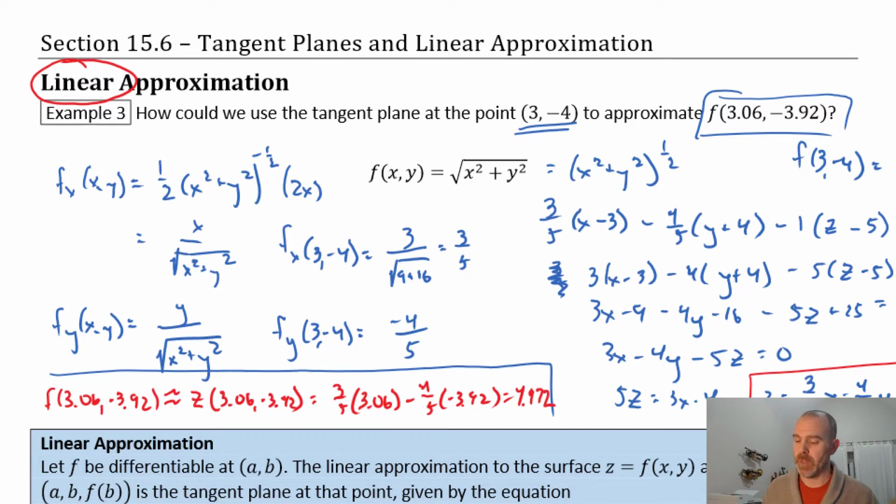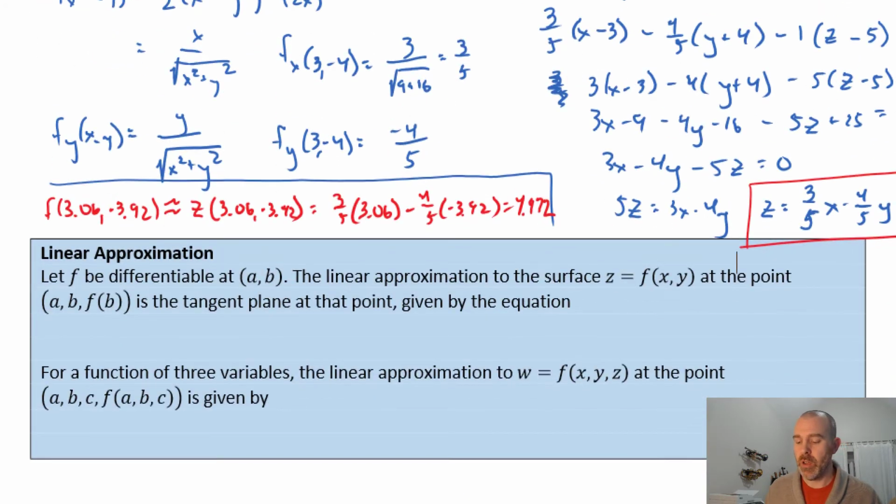In terms of the equation, we call the equation linear. Okay, so the linear approximation here is essentially just the tangent plane. You can write these formulas down, but all this is saying is the tangent plane. If f is differentiable, the linear approximation to the surface is the tangent plane given by the equation, where essentially we just solve the tangent plane for z.